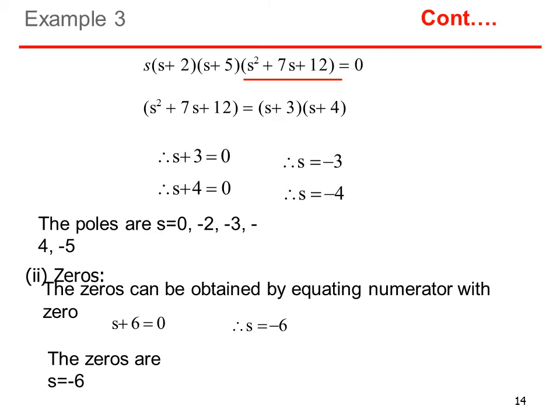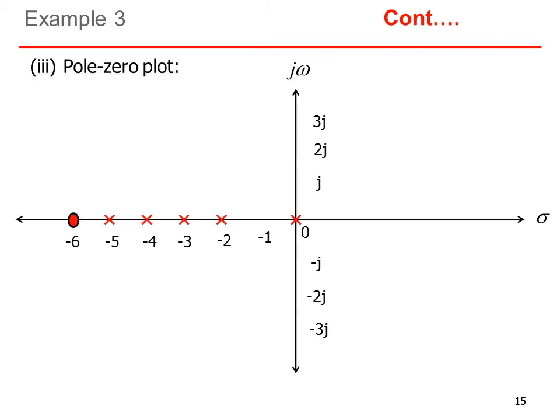Now the poles are 0, -2, -3, -4 and -5. Next thing is to calculate the zeros. The zeros can be obtained by equating the numerator with 0, and the numerator is s plus 6 is equal to 0. So s is equal to -6. Therefore, the zero is at s is equal to -6.